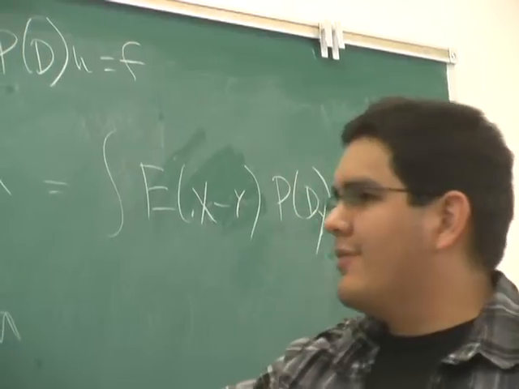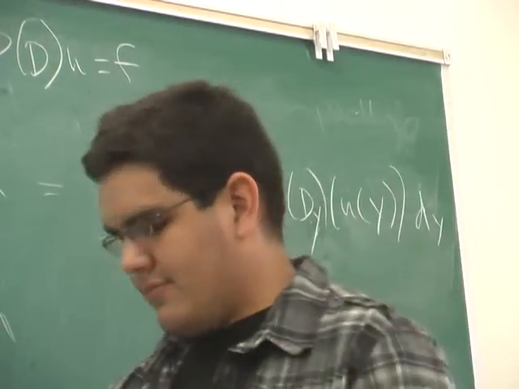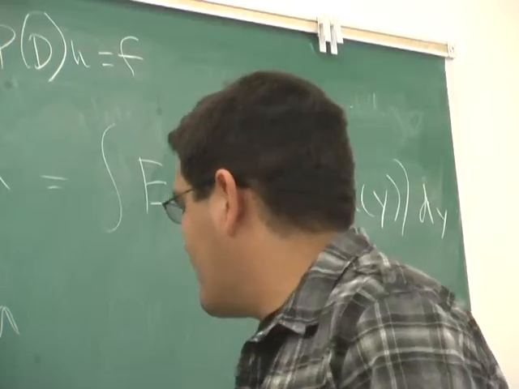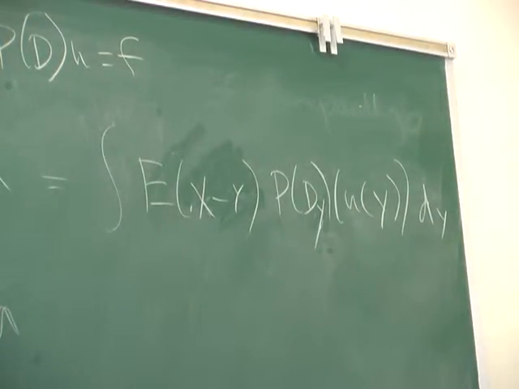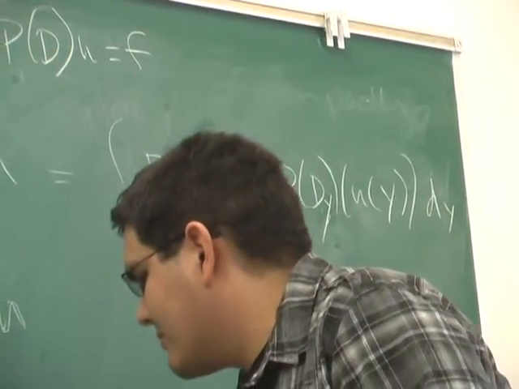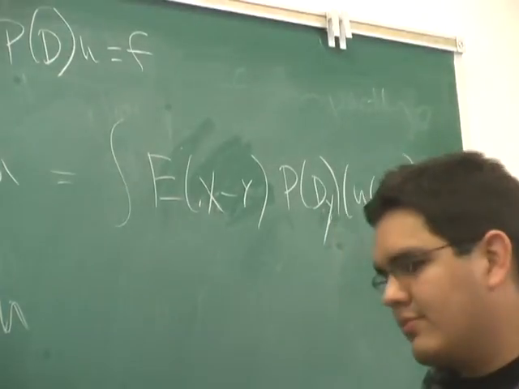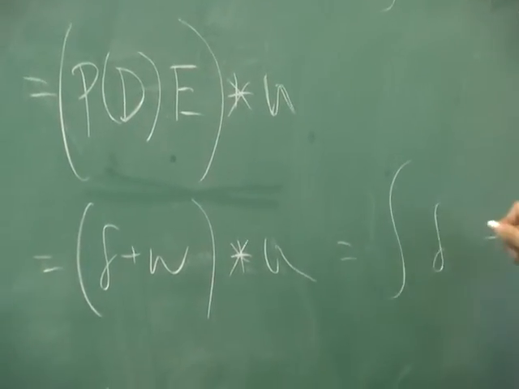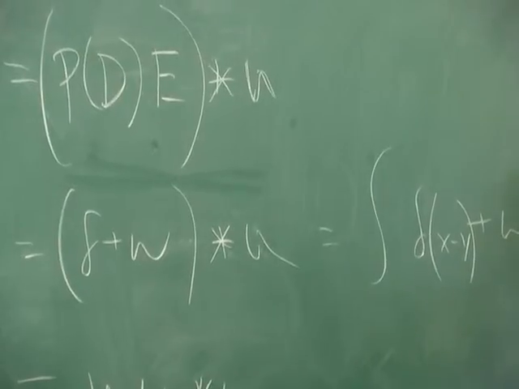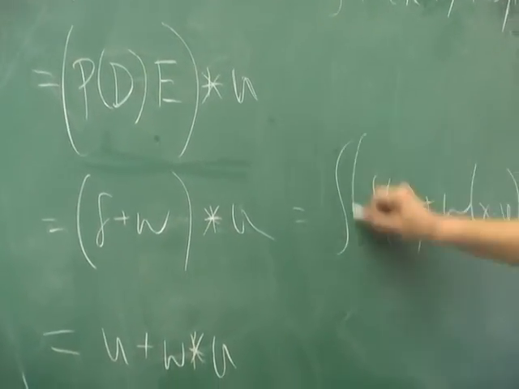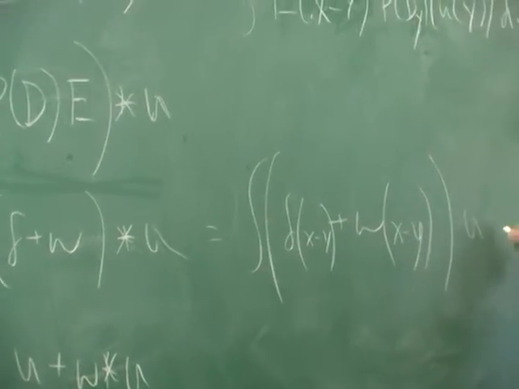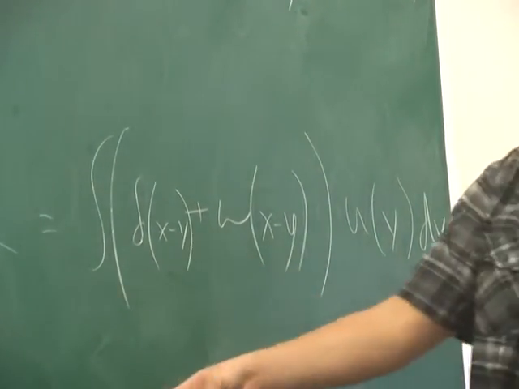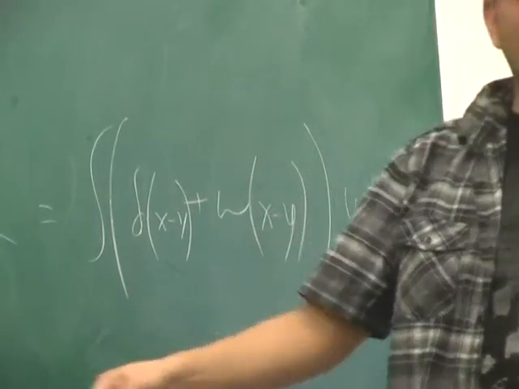Yes, we derived this before, which is that delta plus omega, or W, I mean, over U. And then this just equals U plus W convolved with U. So you solve in y, and this becomes U of x plus W convolved with U, essentially.